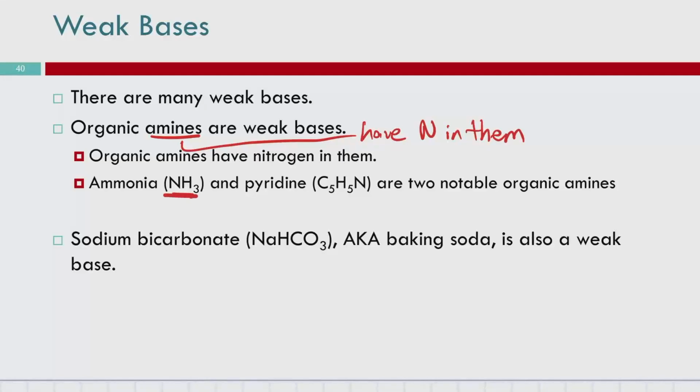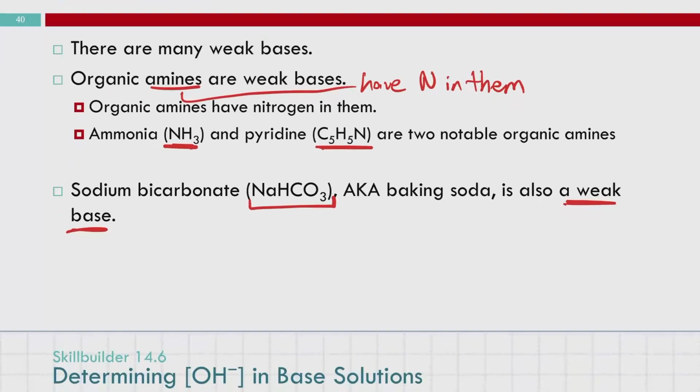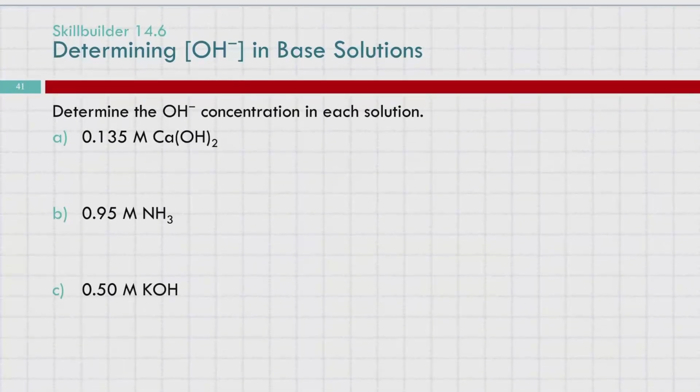So things like ammonia and pyridine, which both have nitrogen in them, are organic amines. Sodium bicarbonate is also a weak base. And in your free time, you can determine the hydroxide concentrations of these basic solutions. Questions?